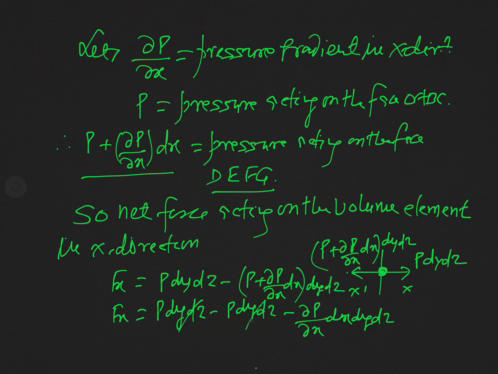Now this P into dy dz will cancel out, and we will have Fx equal to minus del P by del x into dV. And what is this dV? Actually this dV means dx into dy into dz, and this is the volume of that volume element.